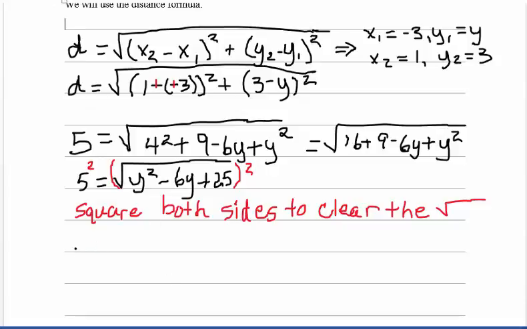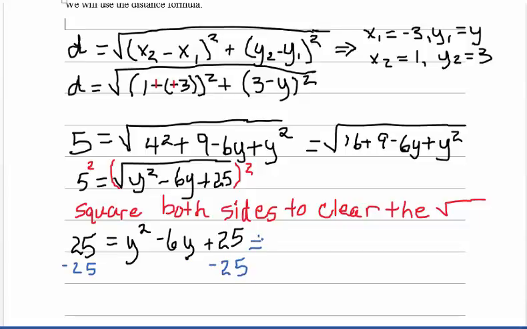Now 5 squared is 25. And when I square a square root, I simply get what's inside of the square root, or the radicand. That's what's inside of a square root, or any radical, is called the radicand. So I get y squared minus 6y plus 25 when I square the right side.